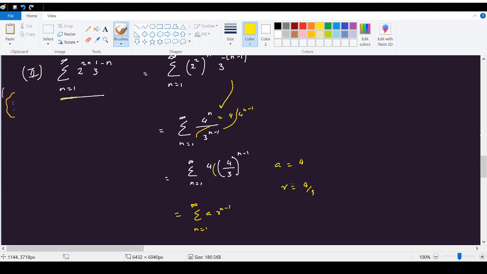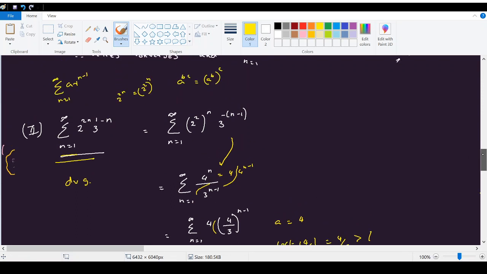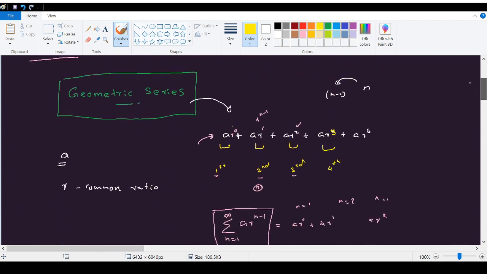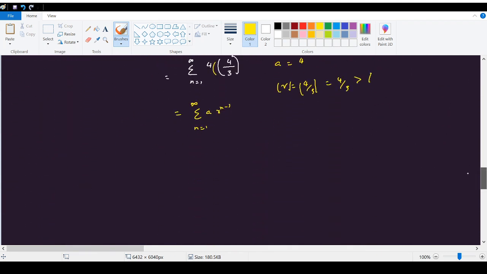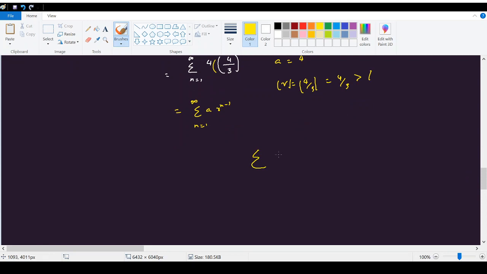But here the modulus of r, which is 4 over 3, is greater than 1. So we can say that the series diverges, right? Now all these things can be done only for geometric series. But remember, in the previous video we did an example, the sigma notation, sigma 1 divided by n plus 1, and this is not at all a geometric series.